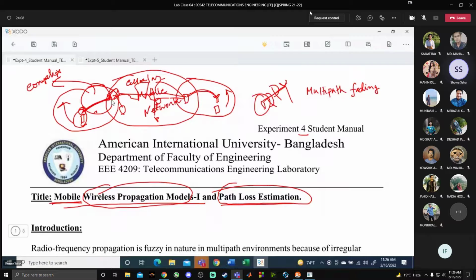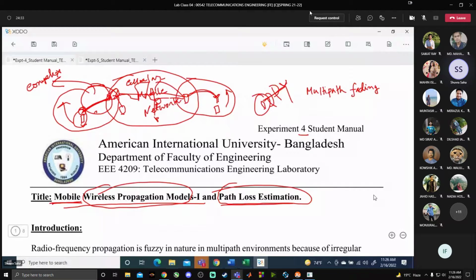Okay. And also, this environment is not the same everywhere. It is different in different parts of your area. Suppose in Dhaka city, you may have a very complex environment. Whereas if you think about our rural areas, village side, you know that there are no buildings, there are even fewer trees. You have very open spaces there.